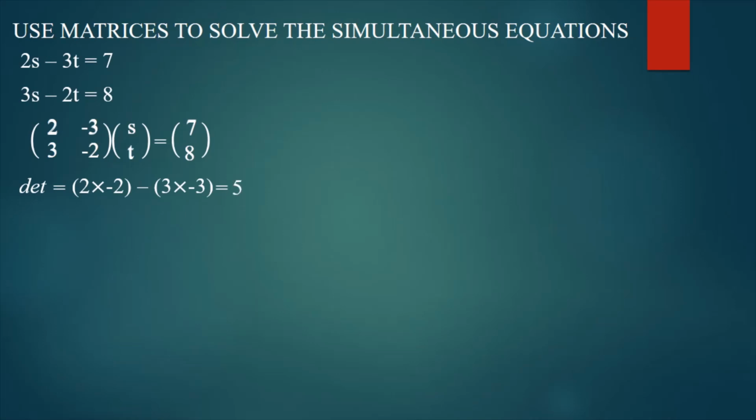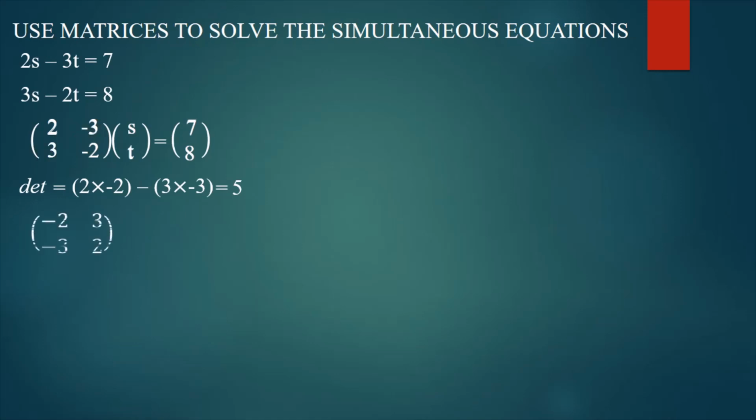After this, we have to find the inverse of a matrix. Last time we looked at the inverse of a matrix also. Now, when finding the inverse of a matrix, the first thing for you to do is to interchange the elements in the leading diagonal, that is the principal diagonal. Then after that, the elements in the secondary diagonal, you reverse the signs.